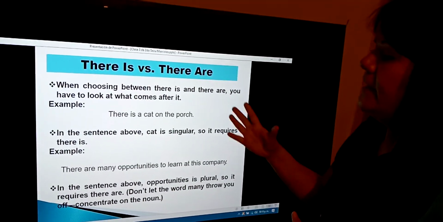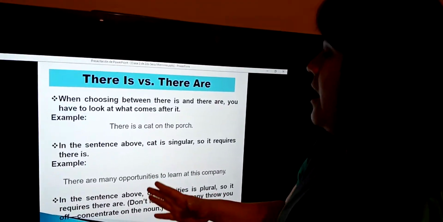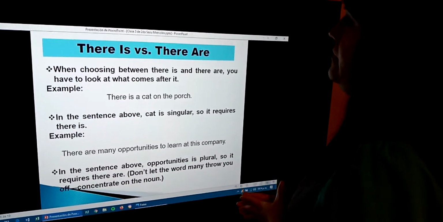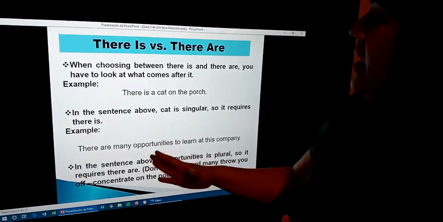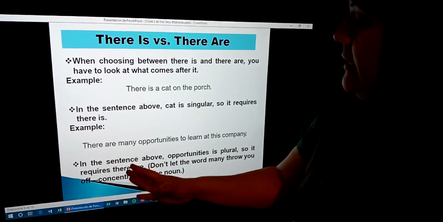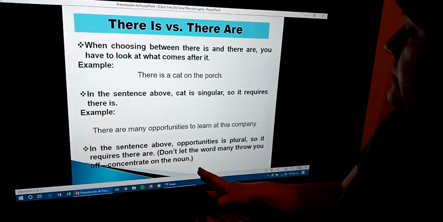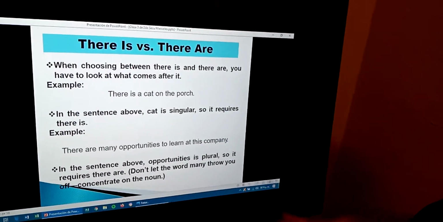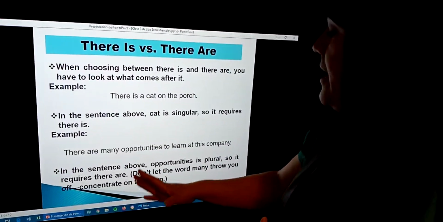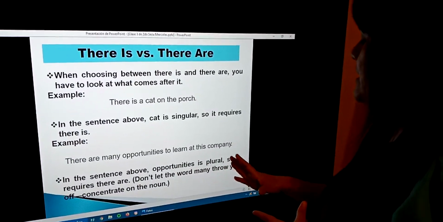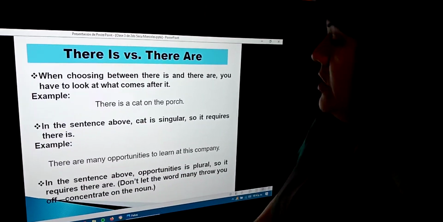Okay? Next: There are many opportunities to learn at this company. The noun "opportunities" is plural, so it requires "there are." Don't let the word "many" throw you off.